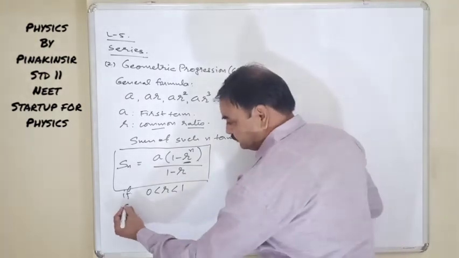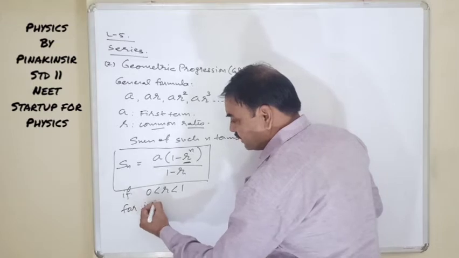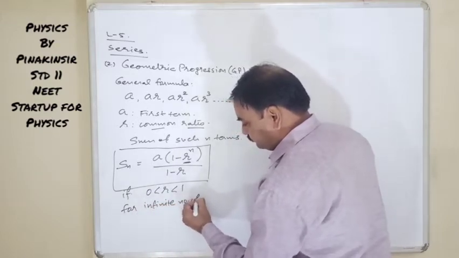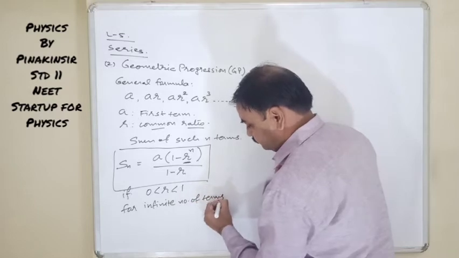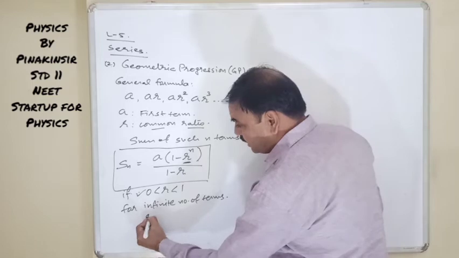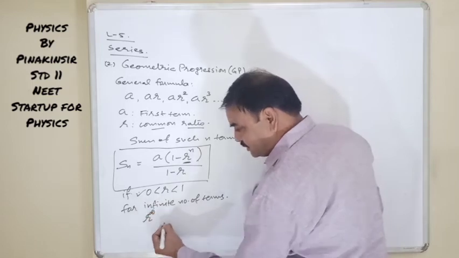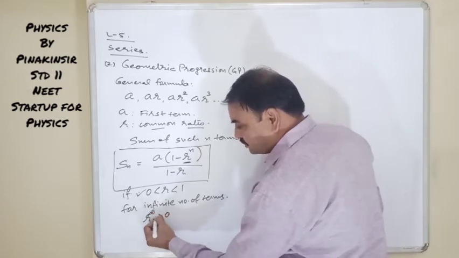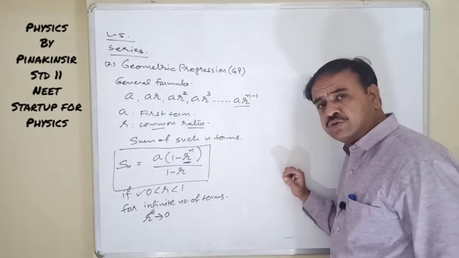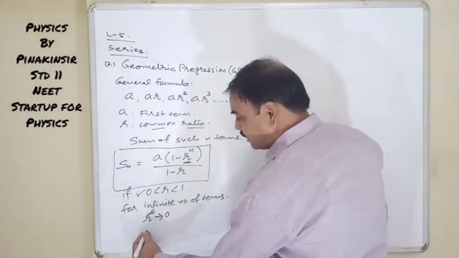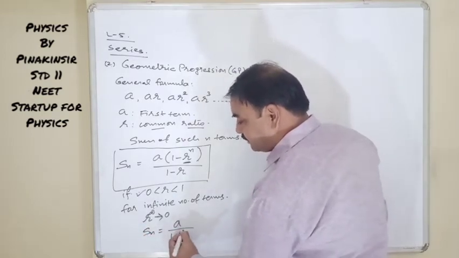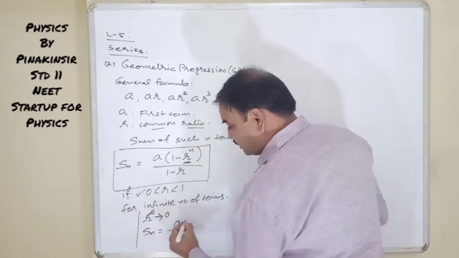So for an infinite number of terms, with this condition only, r raised to infinity becomes almost equal to 0. Thereby you can say it tends to 0, and we can neglect it, and thereby your summation will be a by 1 minus r.